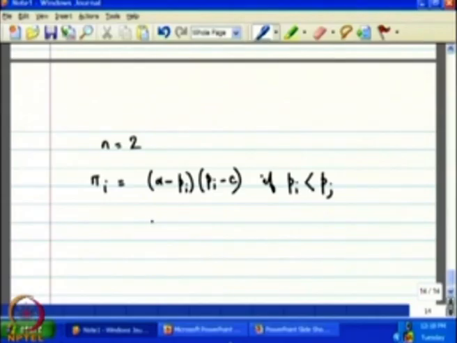It is equal to what if Pi is equal to Pj? If Pi is just equal to Pj, then the market is getting divided.